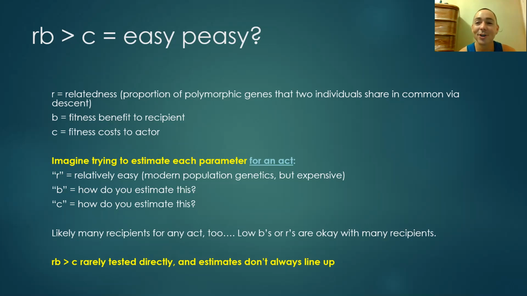Paternity tests didn't exist. But now, in the 90s, we had microsats, then we had RFLPs in the 2000s, and now we have incredibly high frequency SNPs to be able to finally differentiate and estimate the relatedness between individuals. So R is easy. So modern population genetics, we can assess relatedness between individuals relative to ambient relatedness in the population.